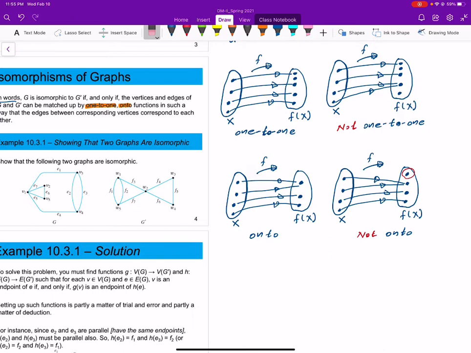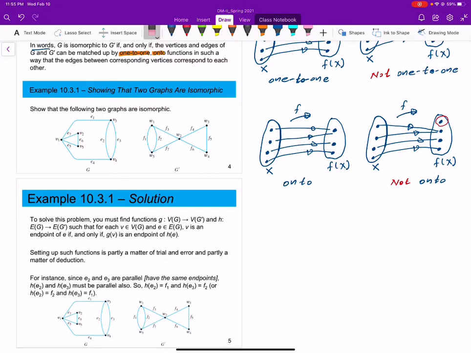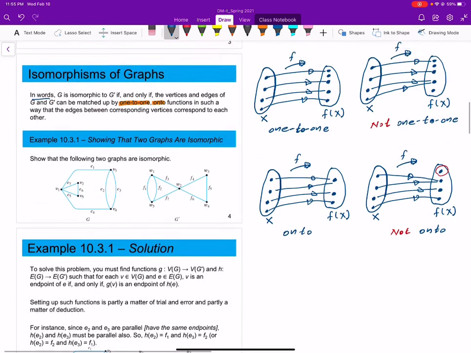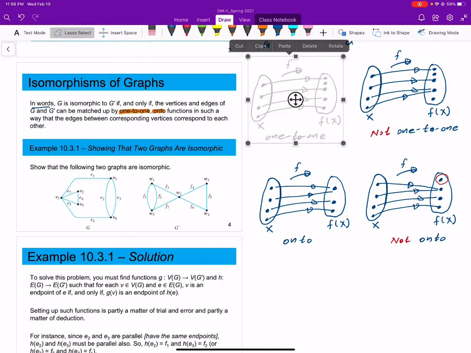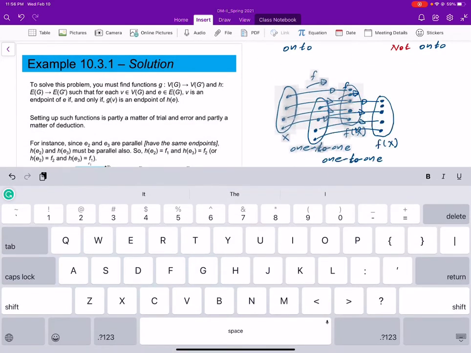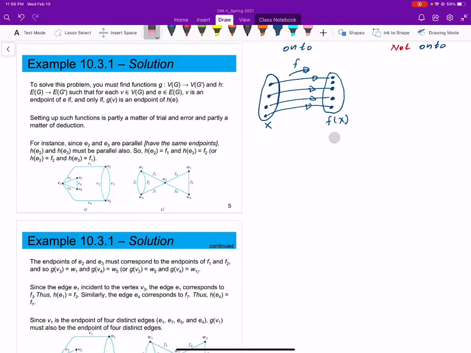Let me make another graph quickly to explain it.